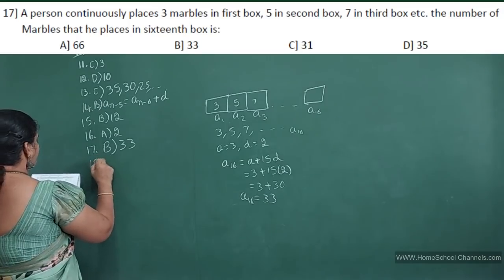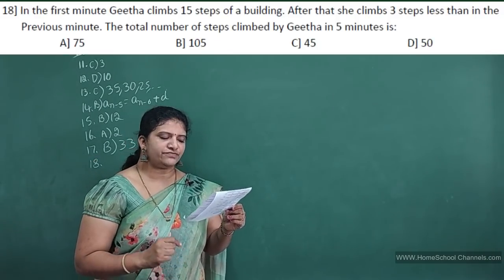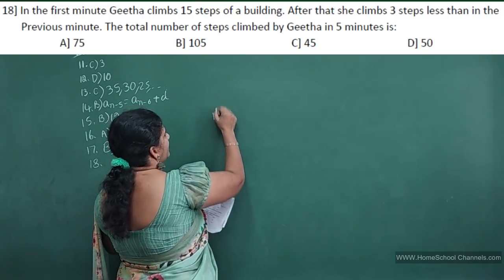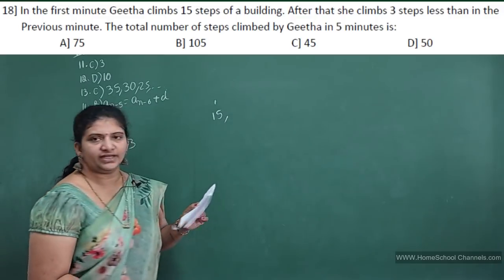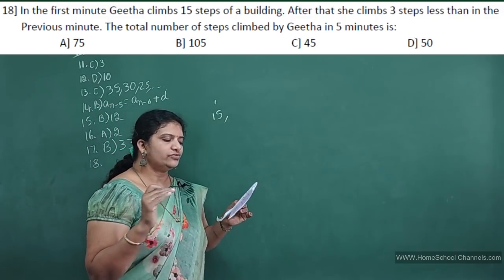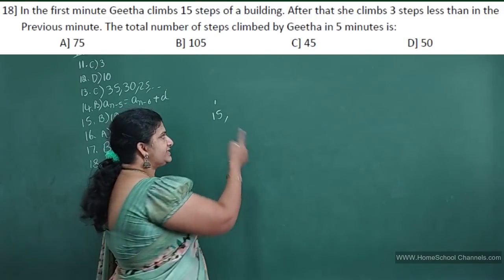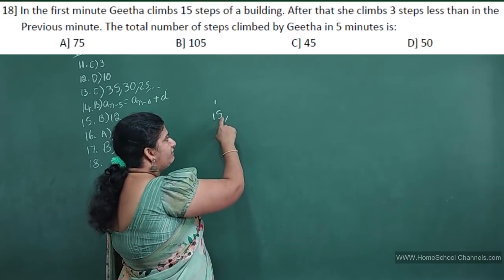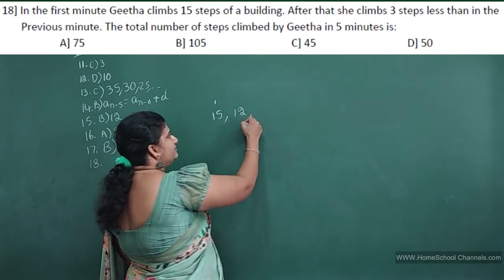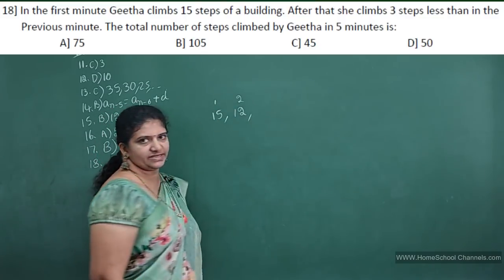18th one. In the first minute, Geeta climbs 15 steps of a building. First minute, she climbs 15 steps. And after that, she climbs 3 steps less than in the previous minute. 3 steps less means how many? From 15, you subtract 3, it will be 12. Second minute, she climbs 12 steps.